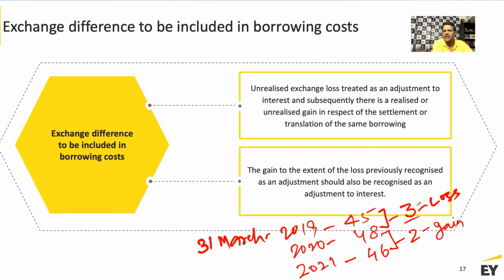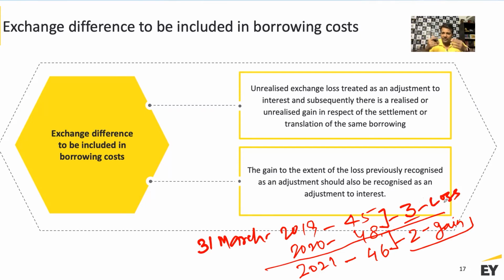Assuming this loss of 3 is what I have capitalized, then what we are simply saying is that this 2 gain which has happened in this period, you are actually required to decapitalize the interest cost which you capitalized in the previous period, provided the construction period is still on. Now, if the construction period is complete here, then you stop. It doesn't matter anymore because it is no longer a qualifying asset.